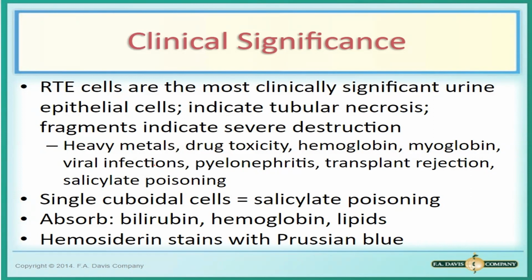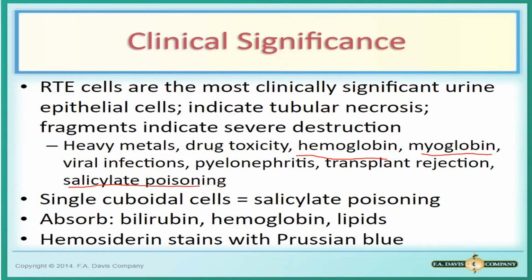It could be due to secondary effects of glomerular disorders, or it could be due to toxicity. Toxicity from heavy metals, drug toxicity, hemoglobin, myoglobin, which we have mentioned, di ba, sobrang toxic to your kidneys. And salicylate poisoning.